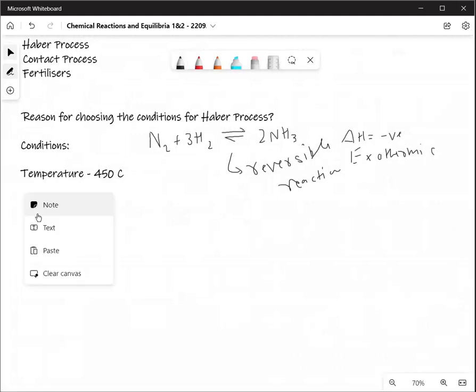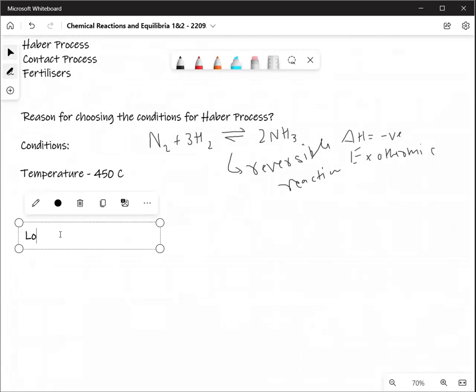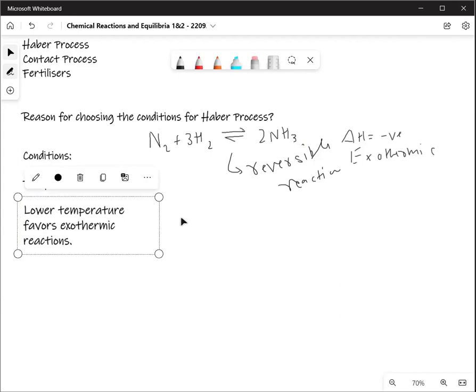Now we need to realize, please write this down: lower temperature favors exothermic reactions, but higher temperature increases the rate of reaction.